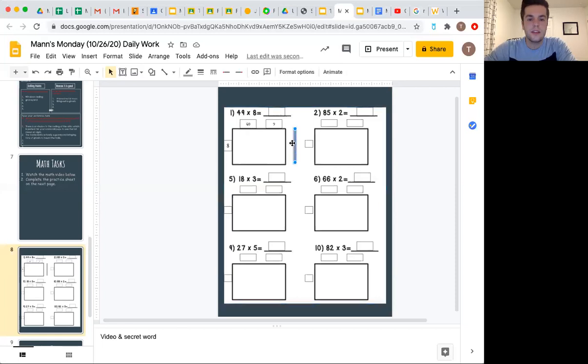So now that we have this, let's go ahead and move our line over so that we can tell where our parts are going to be separated. So now we can do 40 times 8.